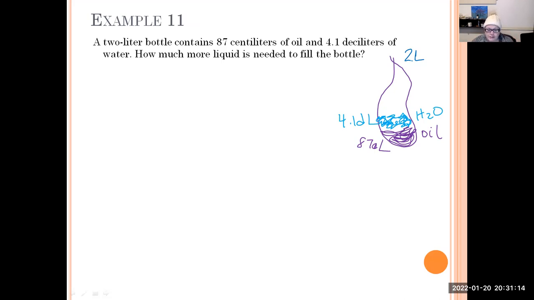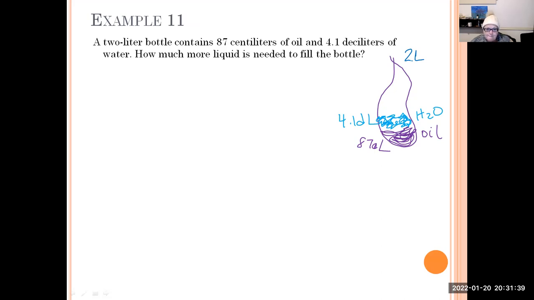We've got a 2-liter bottle, and part of it is 87 centiliters. Another part of it is 4.1 deciliters. We need to be able to add those two things together to find out how much space they're taking up in that bottle, so that we can find out what the difference is in the part that can still be filled up. So we're going to have to be able to add the deciliter and the centiliter, the oil and the water.